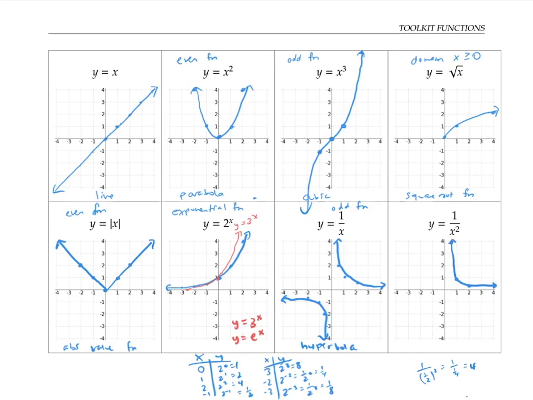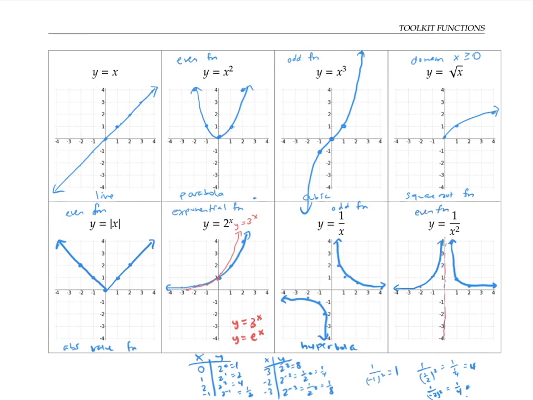But for negative values of x, something a little bit different goes on. For example, 1 over -2 squared is just 1 over 4, which is 1/4. So I can plot that point there. And 1 over -1 squared, that's just 1. So my curve for negative values of x is going to lie in the second quadrant, not the third quadrant. This is an example of an even function because it has perfect mirror symmetry across the y-axis.